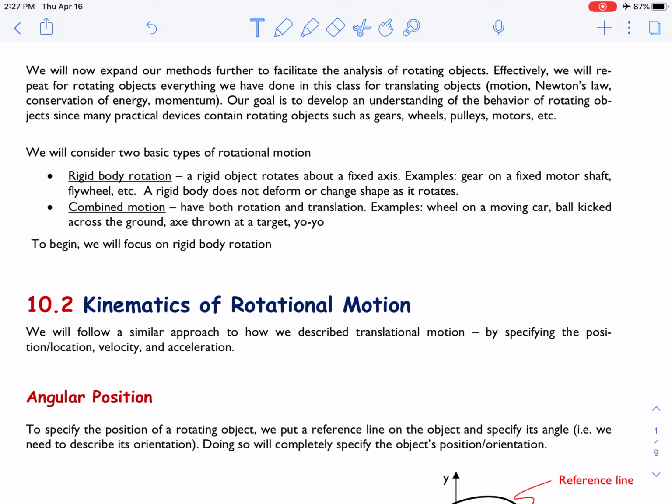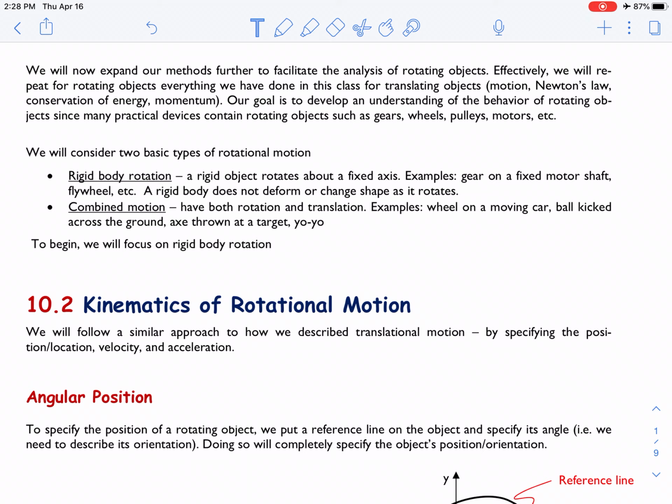Examples are a gear on a fixed motor shaft or a flywheel, and a rigid body does not deform or change its shape as it rotates. Like, remember the water balloon that we were throwing in the air, and then it deformed and changed its shape. So that's not a rigid body rotation.